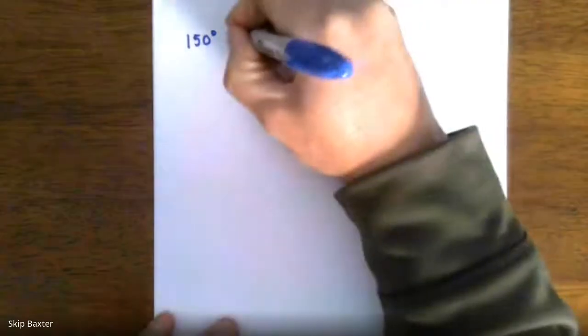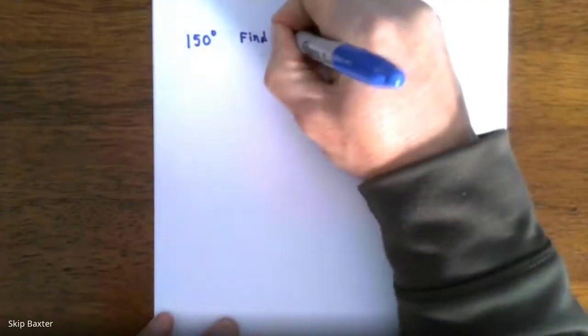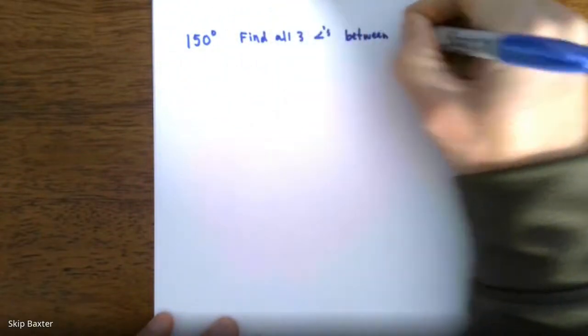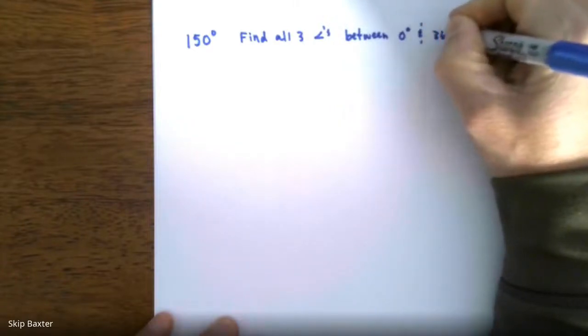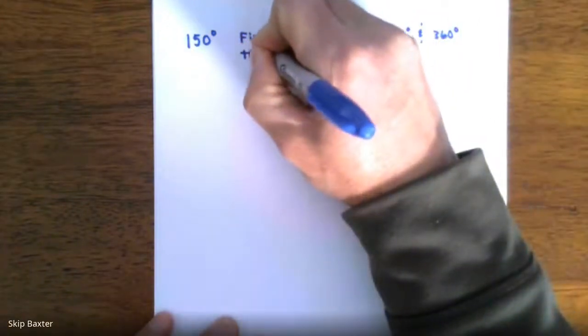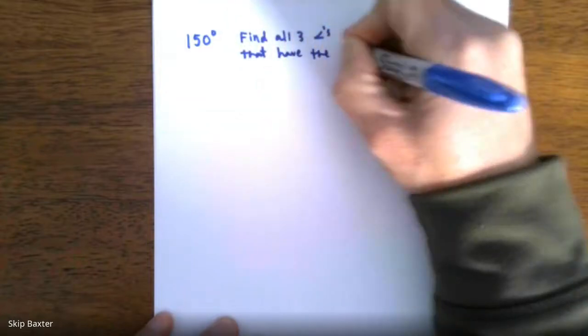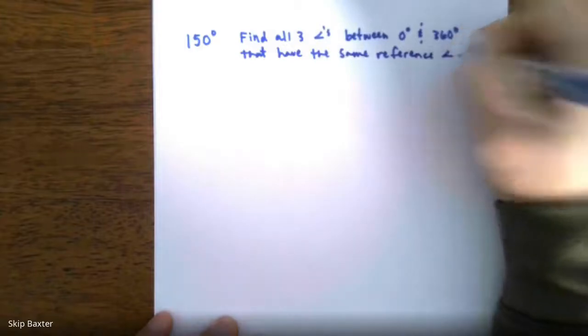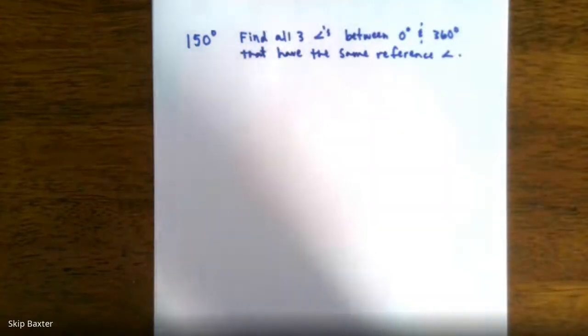They might say something like, find all three angles between 0 degrees and 360 that have the same reference angle. So all you need to do is figure out what that reference angle is.